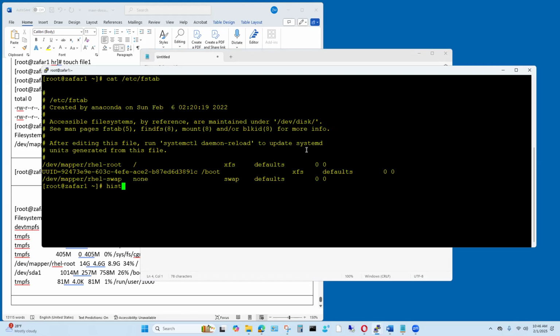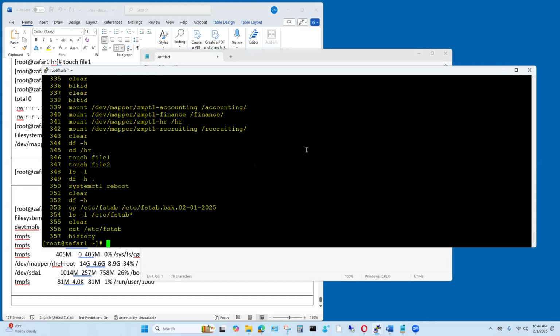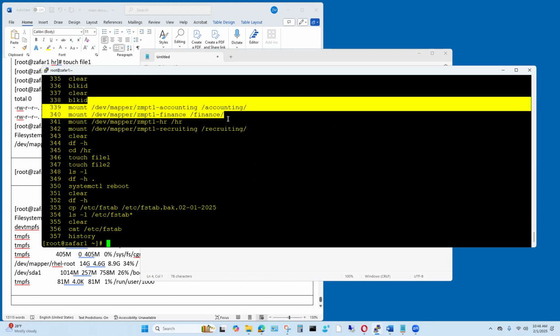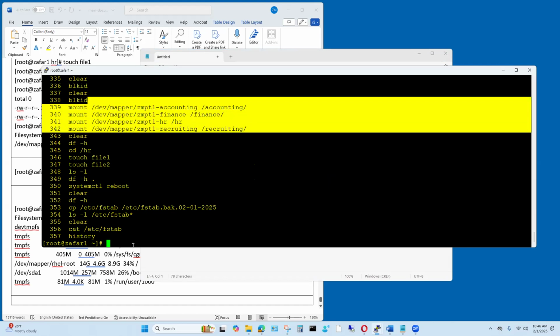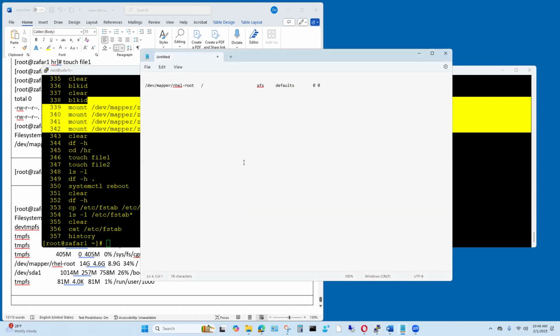So now what you want to do is go in your history. And you might want to copy this part here, but remove mount and the number.